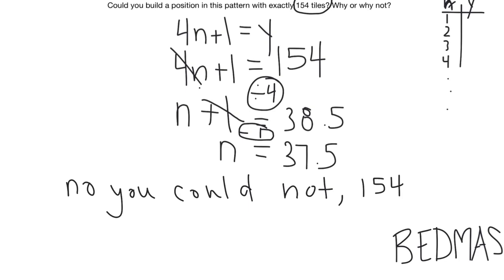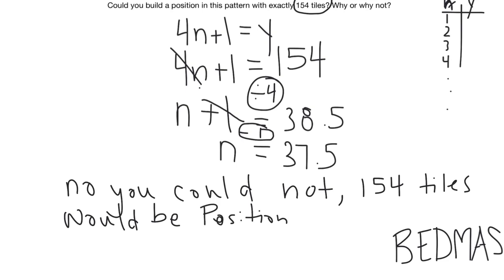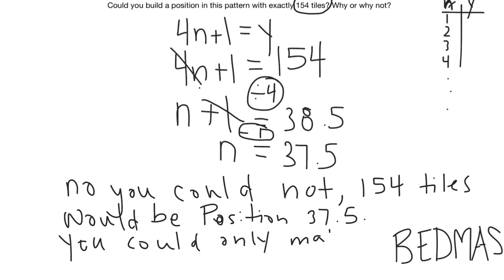154 tiles would be position 37.5. So if you had 154 tiles, you could really only make up to position 37 because we would round down.